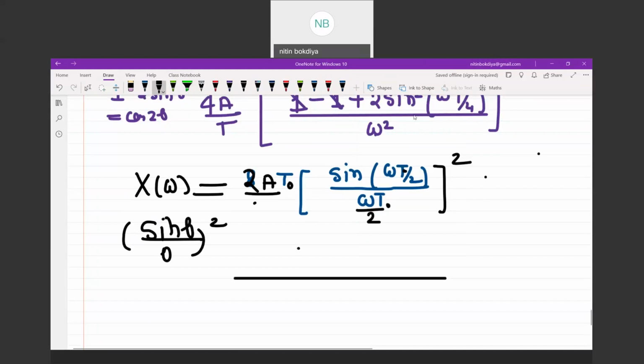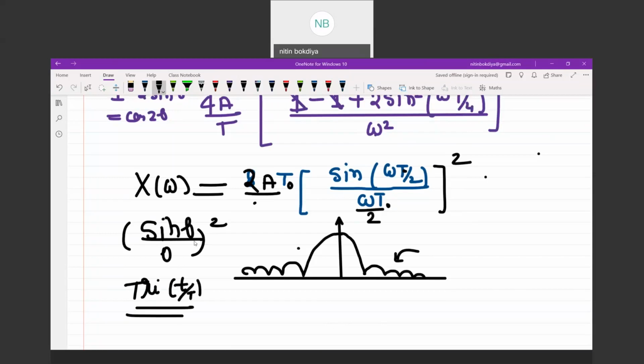This was the previous spectrum, so the new spectrum will be the square of the previous one. If the spectrum is above and below the reference line, then it is the spectrum of a gate pulse. Otherwise, this is the spectrum of a triangular pulse, tri of 2t by T.